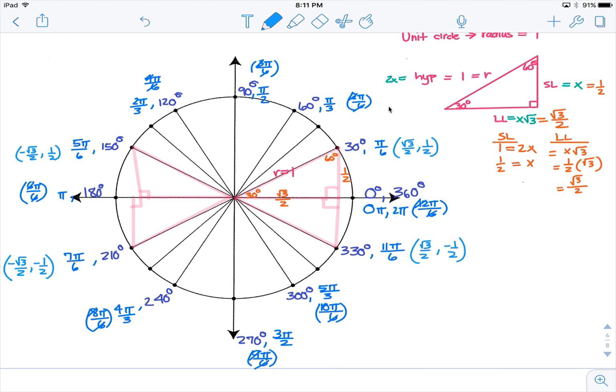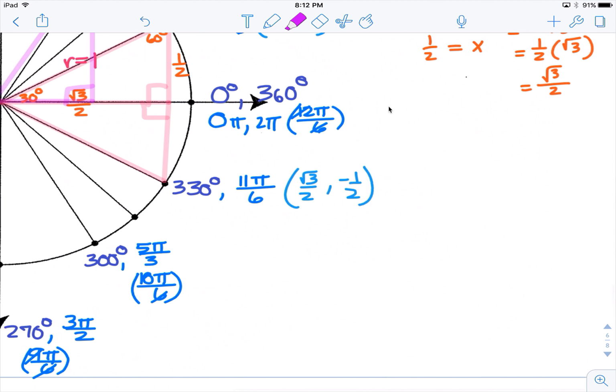All right, so far all we've done are the increments of 30. Now we need to go back and do all the increments of 60s. So that would be a different triangle. Okay, and that triangle, if we draw it out to the side, it's just flipped.